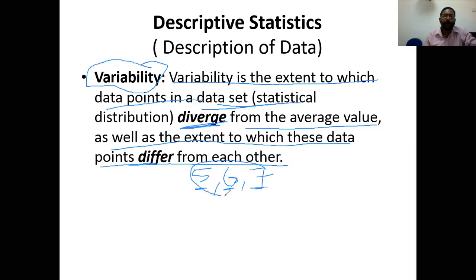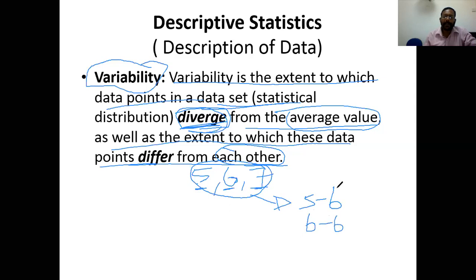Now, how do these differ? Diverge from the average value to each value, each observation. If I want to see the variability, the average value is 6. So the variability of the first data is 5 minus 6. What about the variability of the second data? 6 minus 6, because this is the average value.